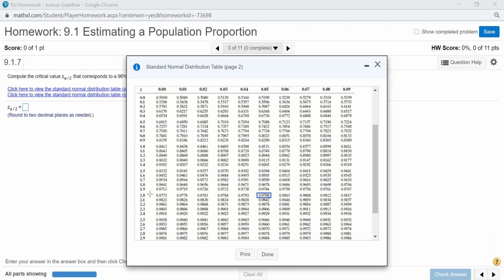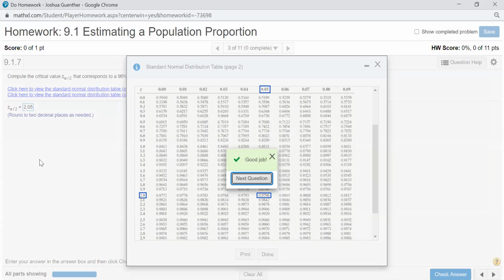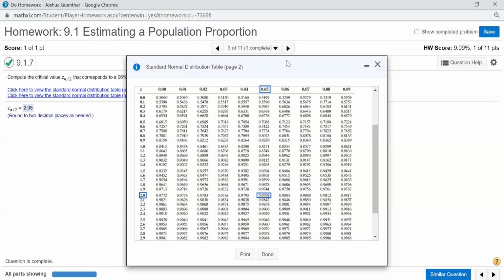And that is a z-score of 2.05. And that's going to be our answer here, 2.05. Boom. Not so bad.